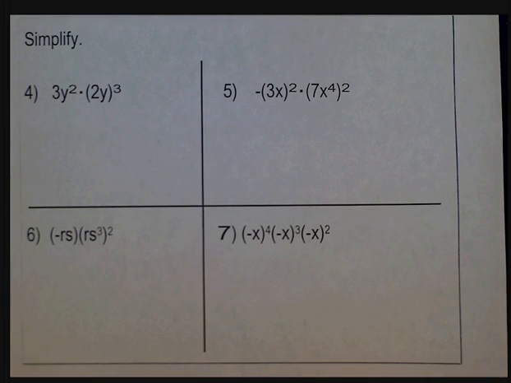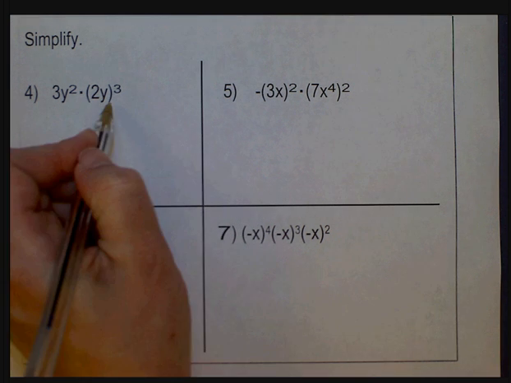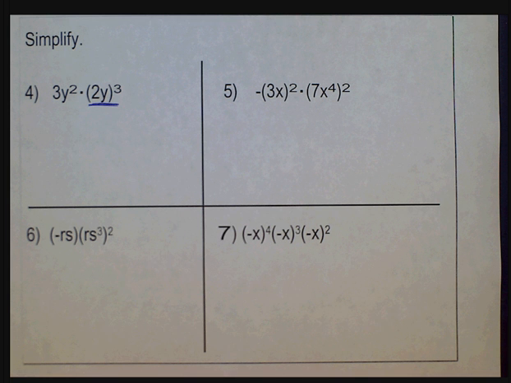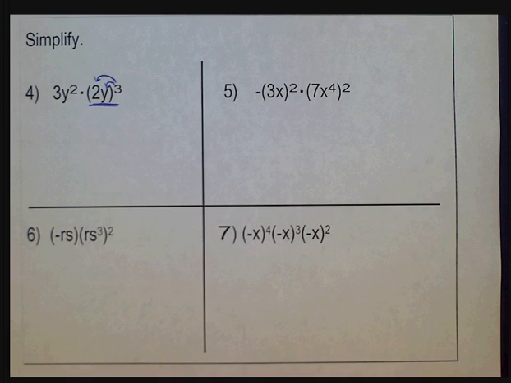All right, so number 4 says I have 3y squared times (2y) raised to the 3rd power. So the first thing I have to do here is I have to hand out that power. I have to use my power of a product property and give this 3rd power to the 2 and to the y.